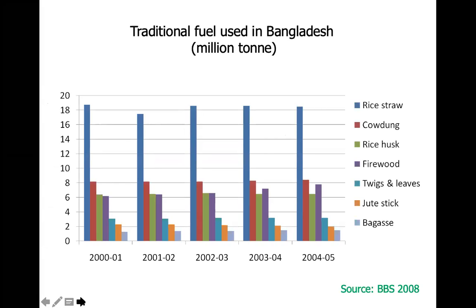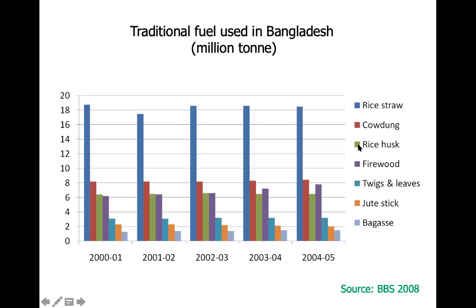In case of biomass bioenergy, if you see the scenario in Bangladesh, rice straw is the number one biomass bioenergy. Cow dung is also used as an energy source in many places. People dry the cow dung and then use it as cooking fuel.